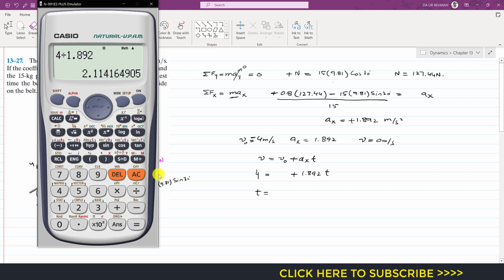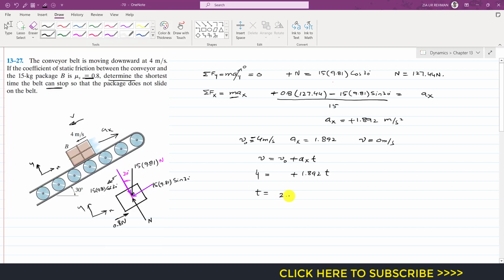So this is 2.11 seconds. So the conveyor belt needs to stop in 2.11 seconds if we want the package to stop and avoid the package sliding down the incline. So this is the solution of this particular problem.